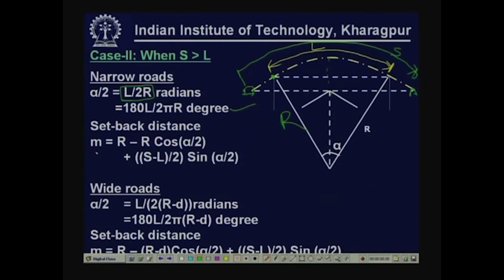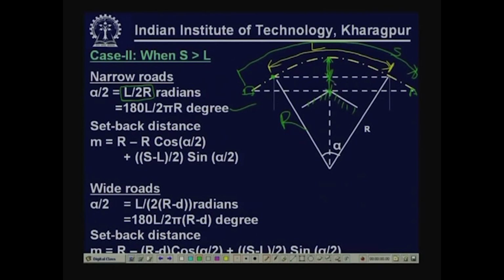So, the setback distance, the distance up to this part shown by this green line, is nothing but as usual r minus r cos alpha by 2, that gives us setback distance up to this point, but we want it up to this building line or the building edge.